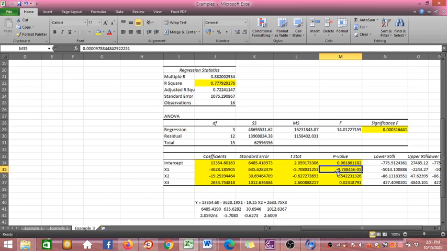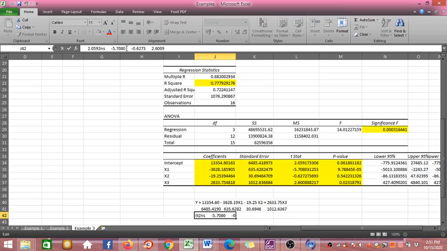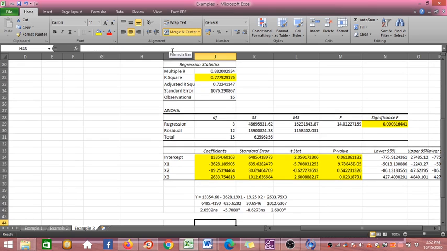Therefore, it will be less than 0.05. So, significant siya. And then, next is 0.5, so not significant, greater than 0.05. And then, we have here 0.02, which is less than 0.05, therefore significant siya. Okay, so we have two significant and two non-significant.